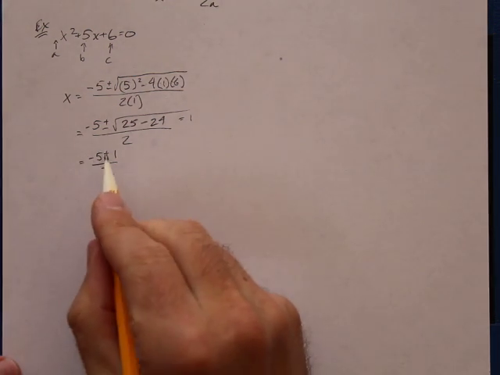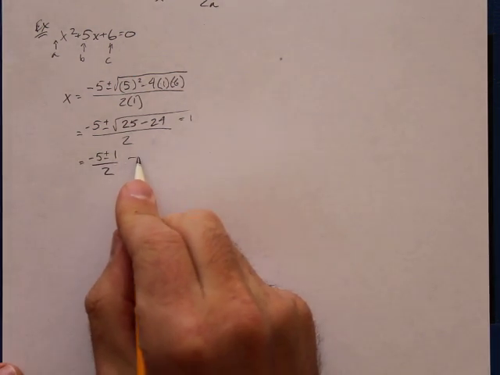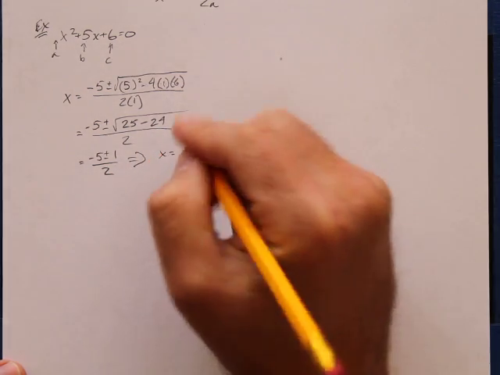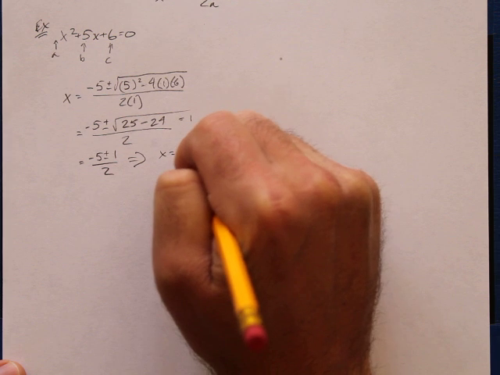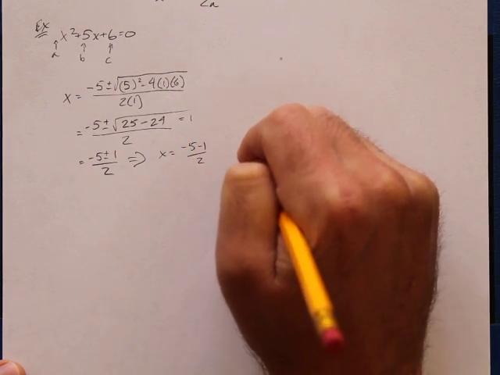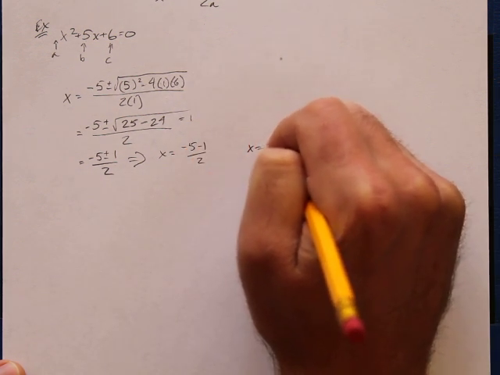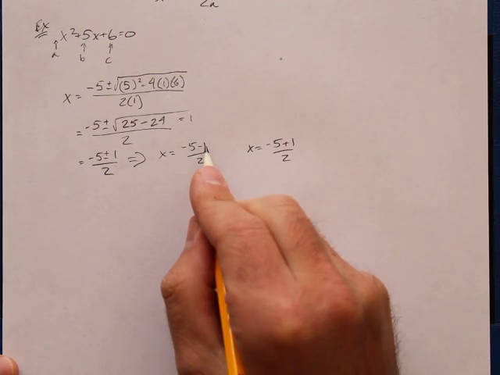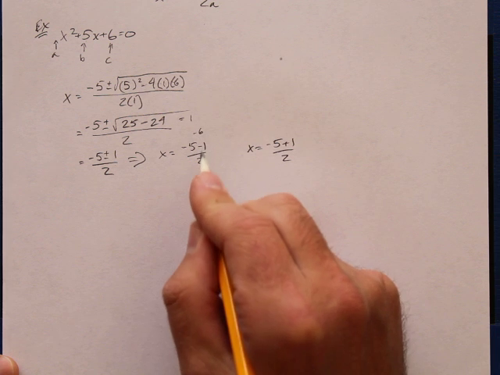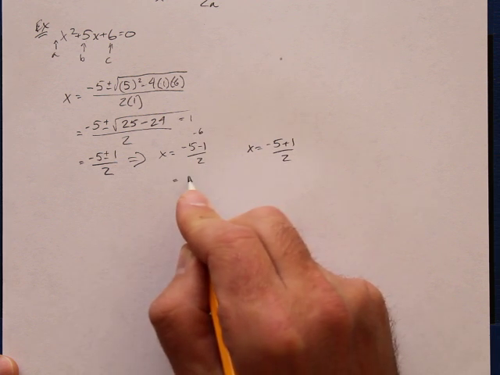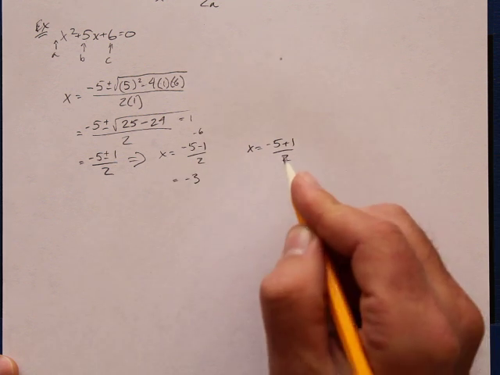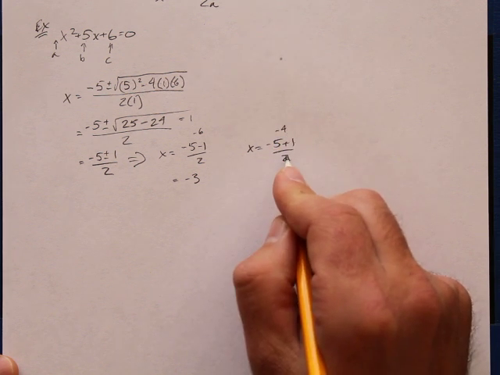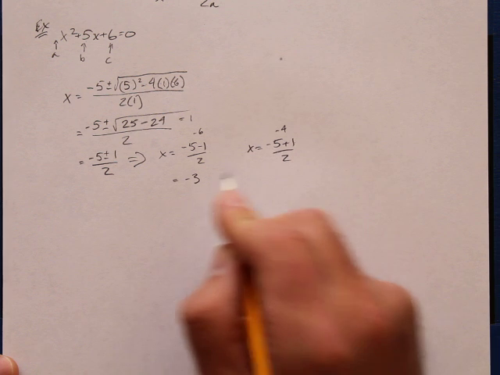Now, this is plus or minus, so I've got to set this up into two different equations. So x equals negative 5 minus 1 over 2, and x equals negative 5 plus 1 over 2. Negative 5 minus 1 is negative 6, negative 6 divided by 2 is negative 3. Negative 5 plus 1 is negative 4, negative 4 divided by 2 is negative 2.